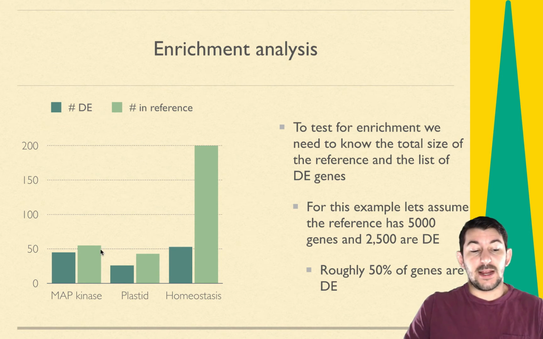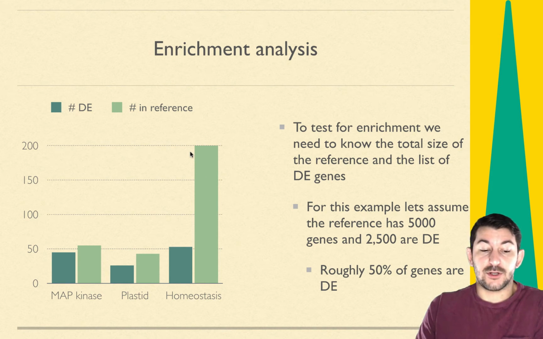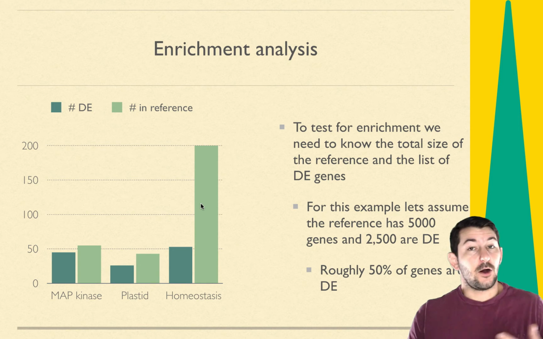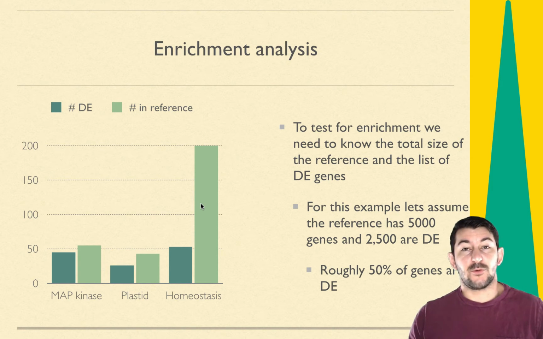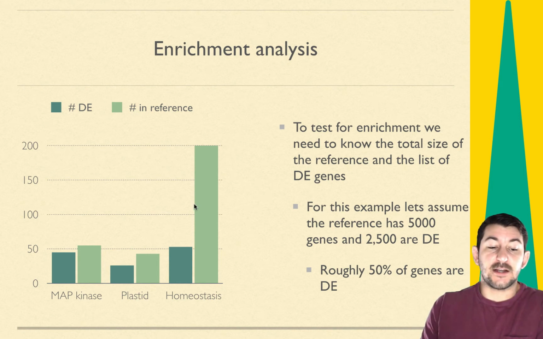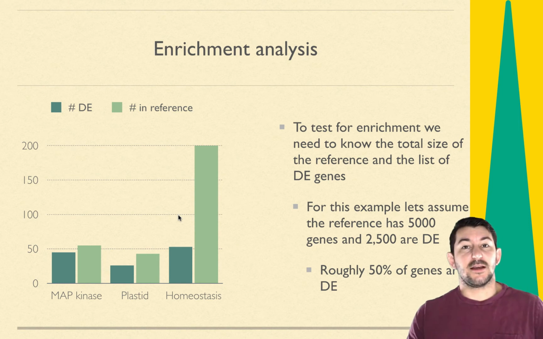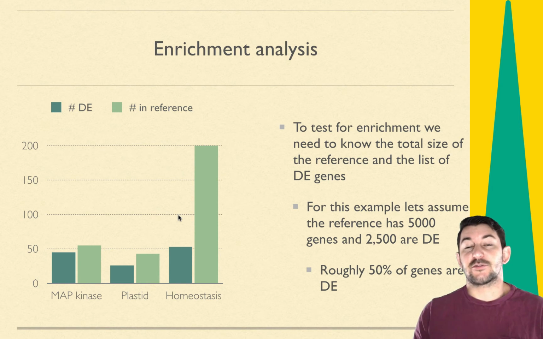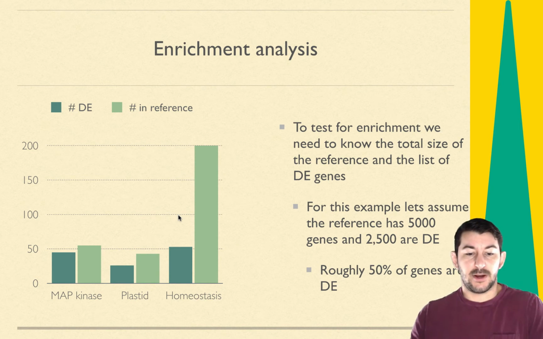In other words, for any functional category, we might expect by chance that if there were 200 genes involved in homeostasis in the genome, and if homeostasis was not something enriched for in our analysis, that just by chance, if we were to pull 2,500 genes out as a list, we would expect about 100 of them to be involved in homeostasis, meaning that it didn't seem to vary in its frequency whether it was involved or not involved in that differential expression comparison.